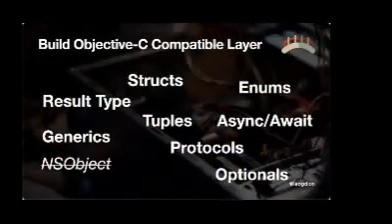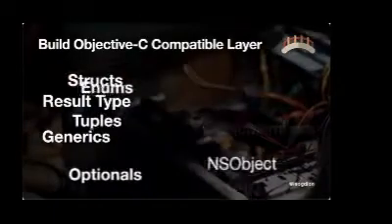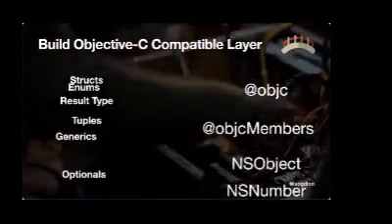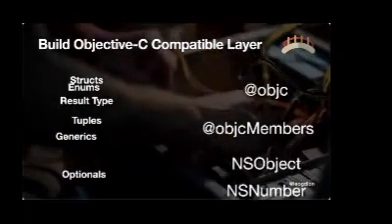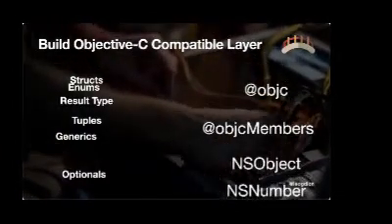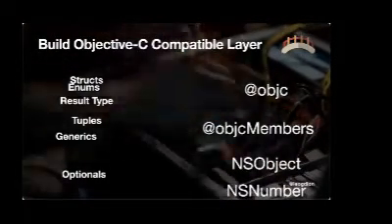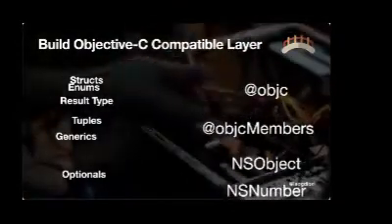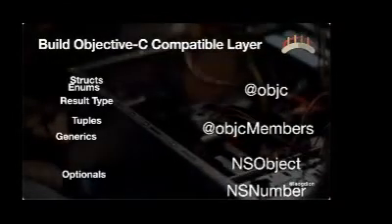So the compatibility layer will have to be able to translate things like structs, enums, Result types, tuples, generics, optionals over to an available type, like if we have to extend an NSObject, or we have to use NSNumber, or we have to tag our types with @objc in order for them to be available to us, because it's not automatic.